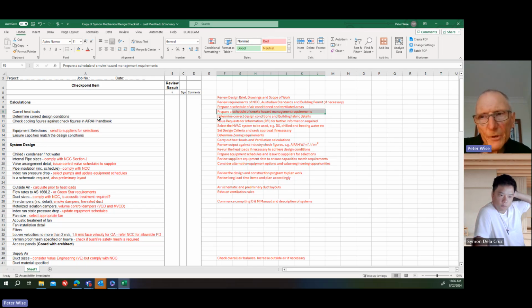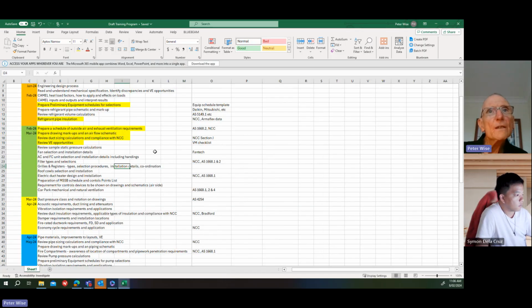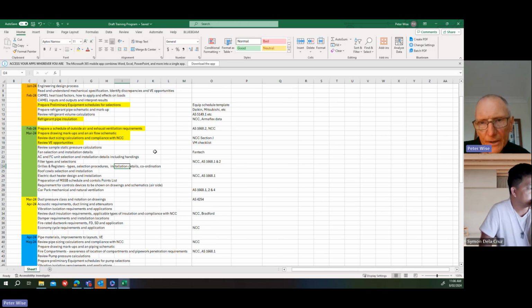But depending on the type of building, you might have to do it if the building is less than 25 metres high. I'm just trying to give you an idea of the things you need to think about without throwing too much on your plate at the moment.